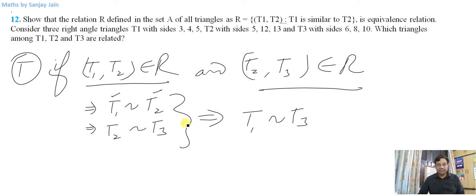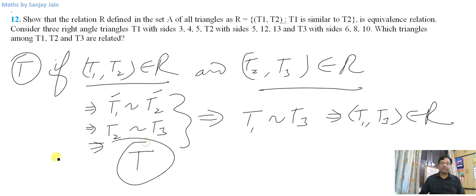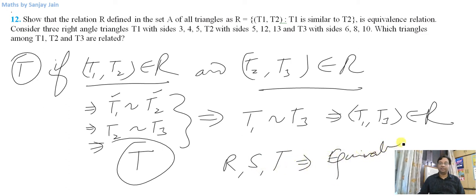This is very basic. So if T1 is similar to T3, that implies (T1, T3) is present in this relation R. Hence, I can say this relation is transitive. So this is reflexive, symmetric as well as transitive. That means it is an equivalence relation. This is the first part.